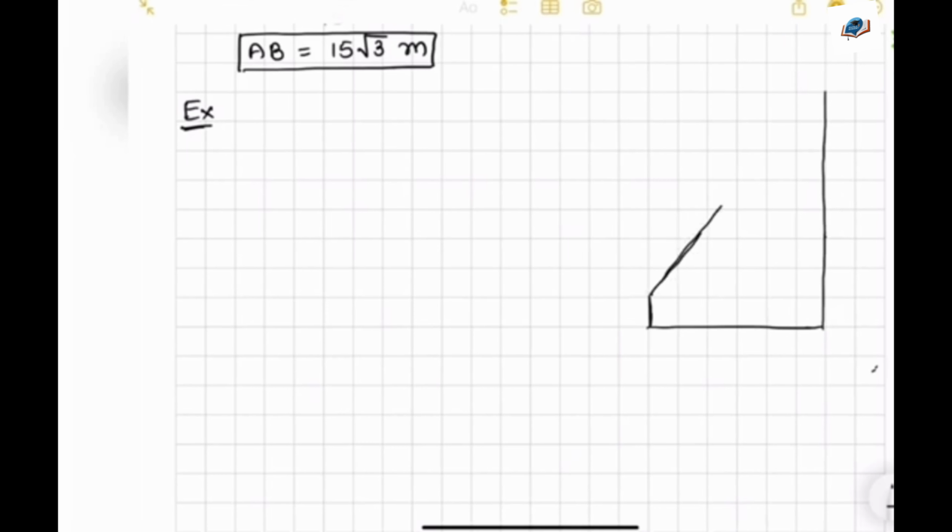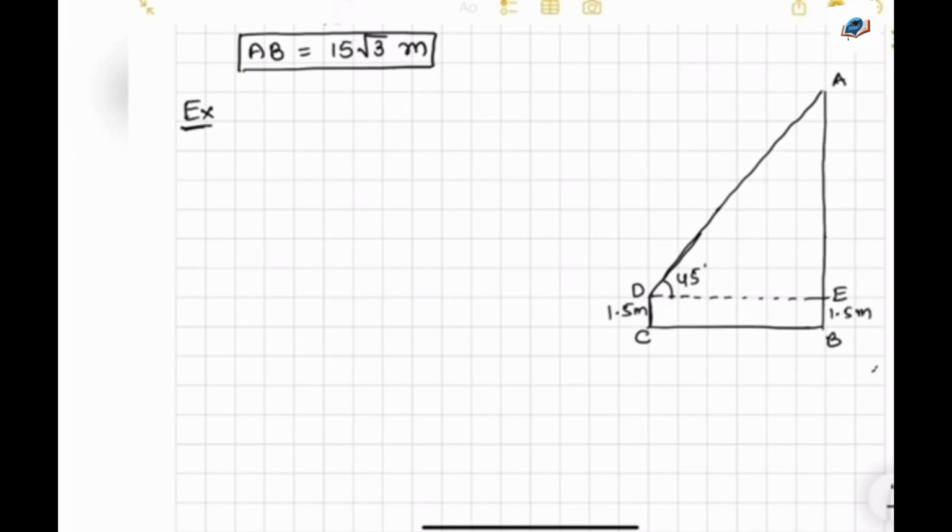Let me give the names B, C, D and A, and let me give this as E, and let us say this angle is 45 degrees. And DC is 1.5 meter, so this also will be 1.5 meter because he is watching in a parallel line. He is asking me to find the height of the building.